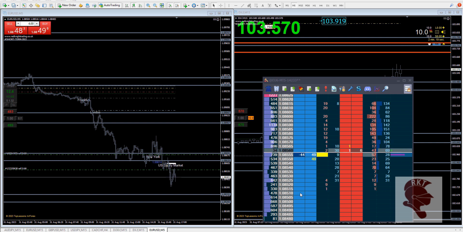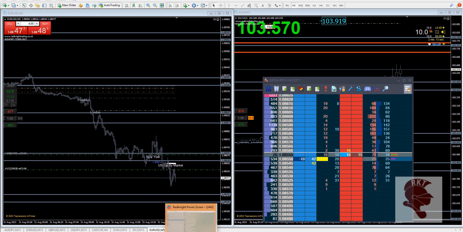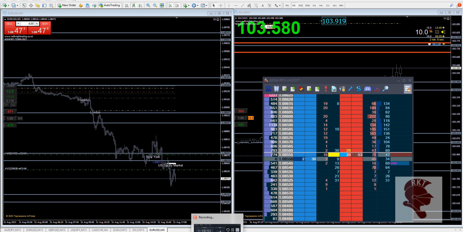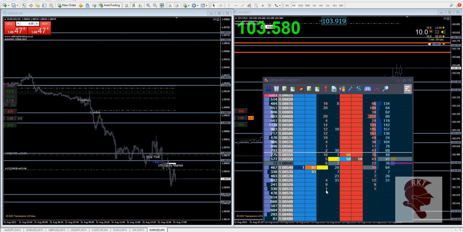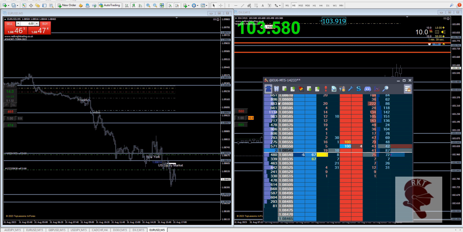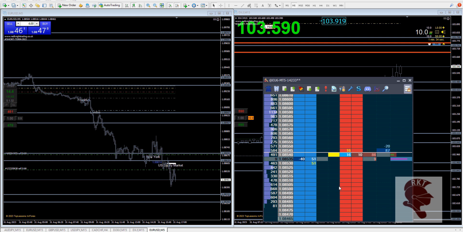Alright, there's an iceberg there. Yeah, another one. I've just seen another one and another one. Yeah, so we are looking for lower prices.